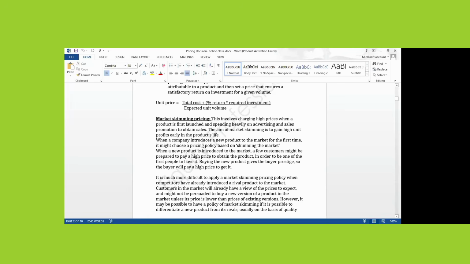MTN, Econet were charging higher price to buy lines. If you were to get an MTN line, you paid a higher price. That again is market skimming.